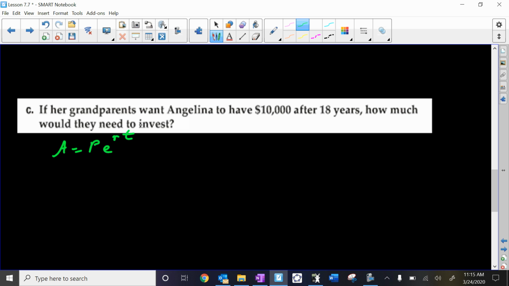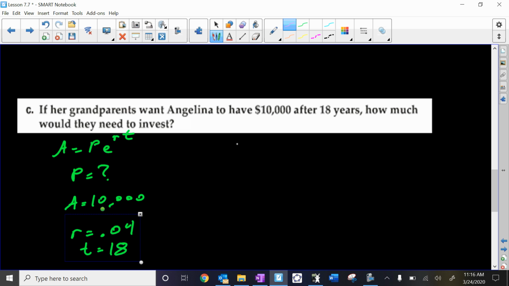Okay, so now I need to figure out how much we're investing at the beginning. I want to have 10,000, so A is going to be 10,000. My rate is still 4%, and I want all of this to take place in 18 years.